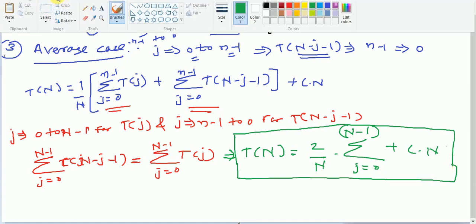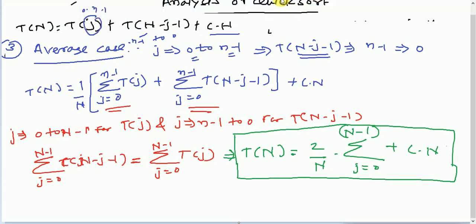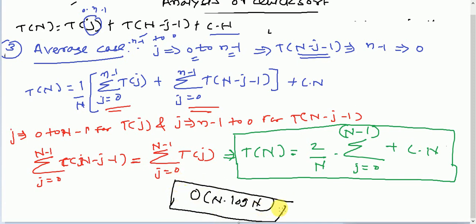If we solve further, we get the average case complexity for quicksort by solving this recurrence relation as O of n log n. I don't want to solve that further because it will take huge time and this is not expected at this point of learning.